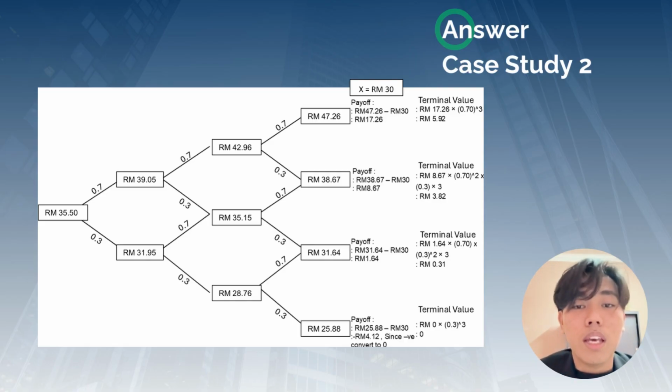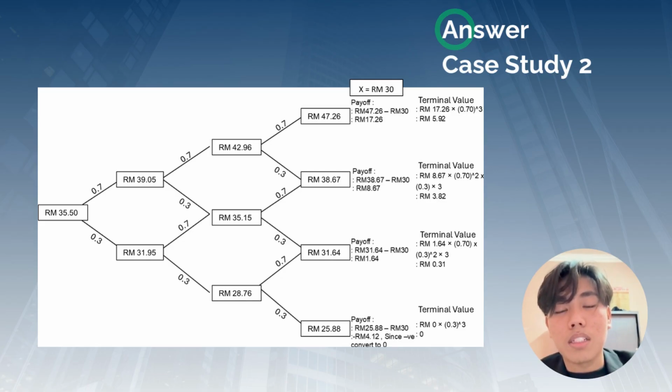After that we need to find the terminal value. For the first, the upper box, you need to use the payoff and multiply with the probability of up, the probability of up, and the probability of up, 3 times.